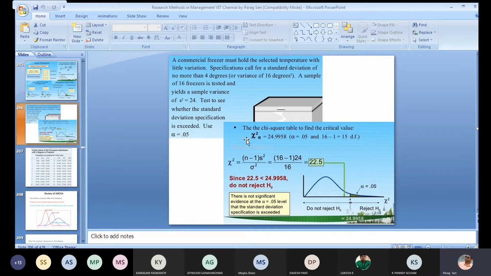The desire here is opposite: your variance should not go high. So as per that, this particular problem is correct, and you can conclude that there is not enough evidence for your research hypothesis.